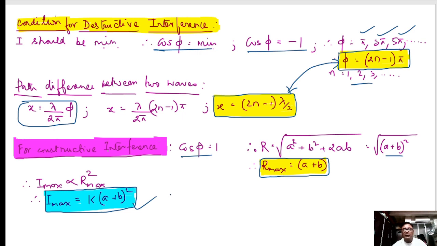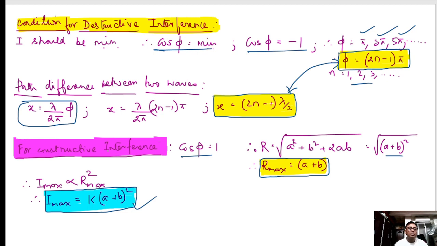Clear? This is the resultant intensity for constructive interference. For destructive interference, the phase difference is 2n minus 1 into pi, and the path difference will be 2n minus 1 into lambda by 2.